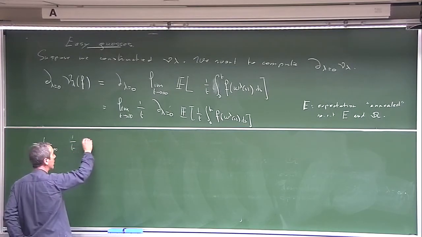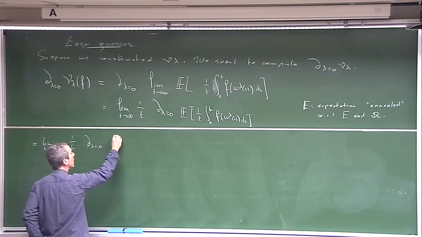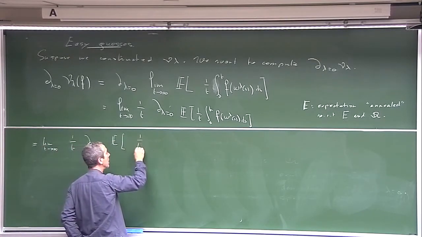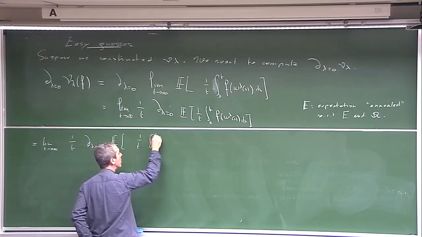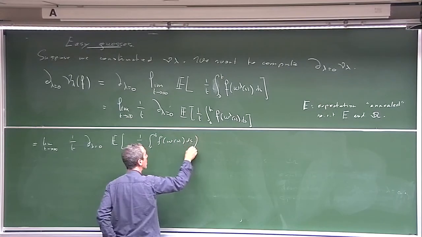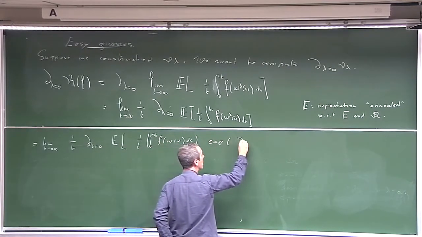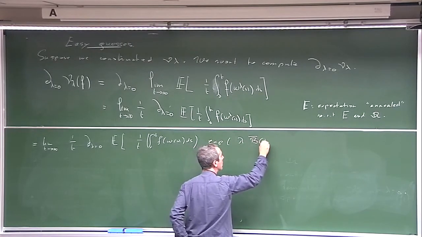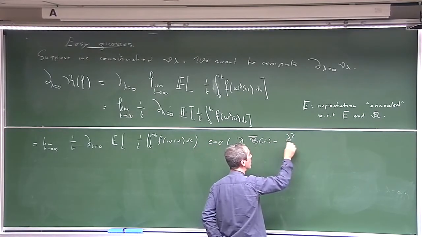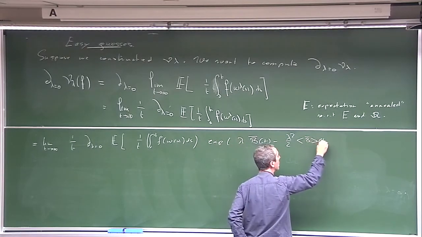So we use the Girsanov formula. We have this derivative at lambda equals 0. If I write the Girsanov formula the way it was written last time, it is 1 over t, the integral from 0 to t, f of omega of s. Lambda disappeared, and then you have the Girsanov weight, which had this form: lambda b bar of t minus lambda squared over 2, the brackets.